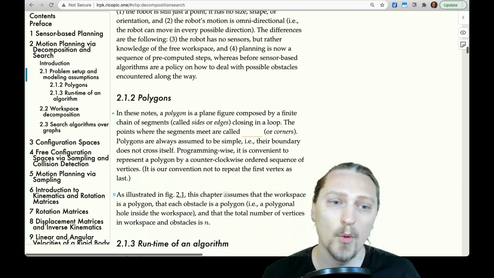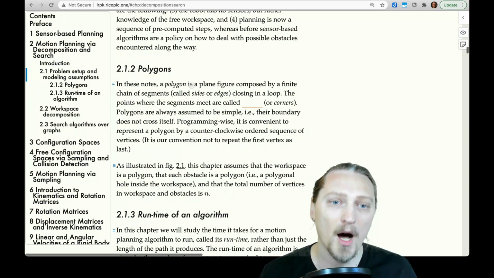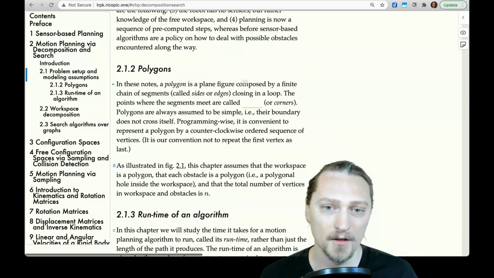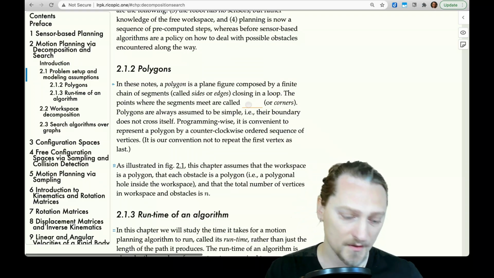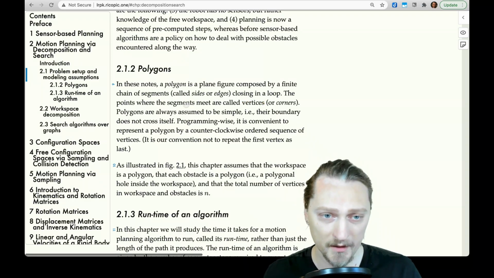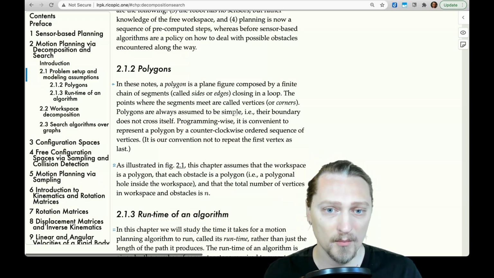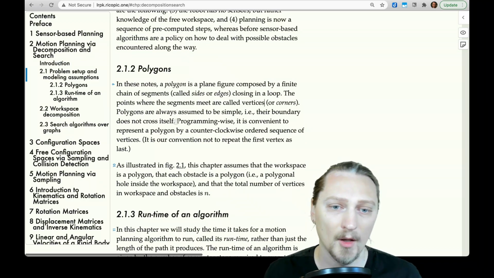All right, 2.1.2 polygons. In these notes, a polygon is a plane figure composed by a finite chain of segments called sides or edges closing in a loop. The points where the segments meet are called vertices or corners. Polygons are always assumed to be simple, i.e. their boundary does not cross itself.